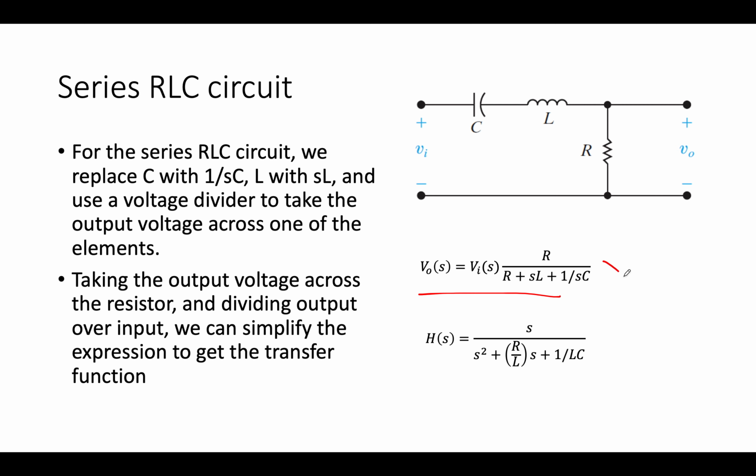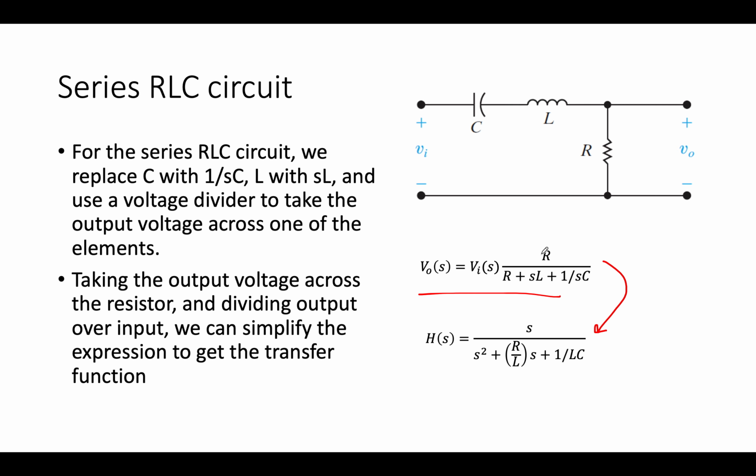And also notice between this step and this step, there was some algebraic simplification. I think, let me think here. I think there may be an algebra error here. Let's see, when I multiply everything through by SC, I get S squared LC, and I get SCR in the numerator.